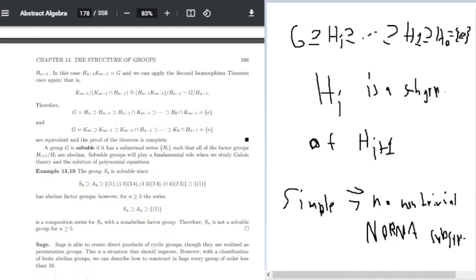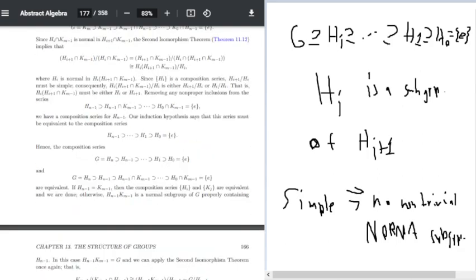Therefore, G = H_n ⊇ H_{n-1} ⊇ ... ⊇ H_0 ∩ K_{m-1} = e, and G = K_m ⊇ K_{m-1} ⊇ K_{m-1} ∩ H_{n-1} ⊇ ... ⊇ K_0 ∩ H_{n-1} = e are equivalent, and the proof of the theorem is complete.